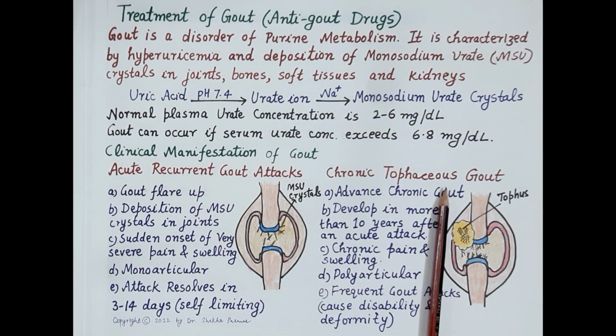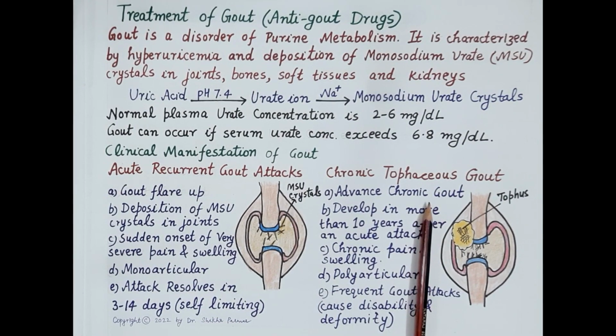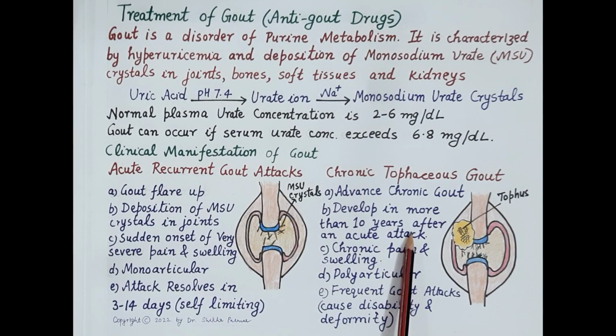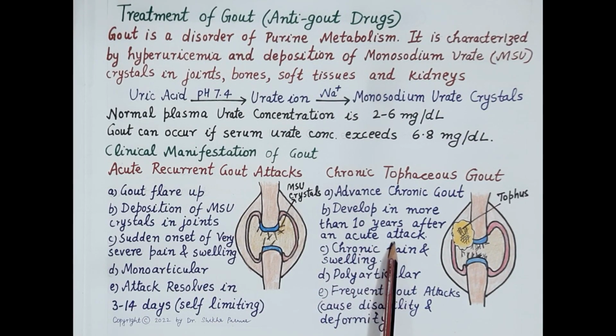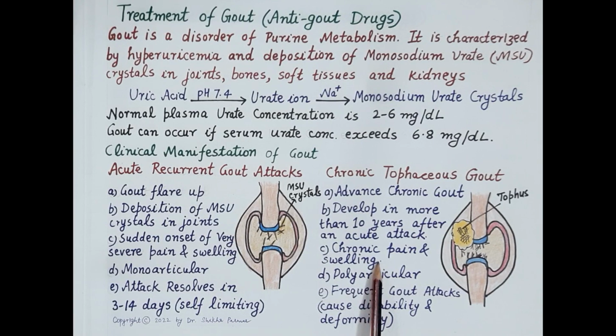Now let's understand chronic tophaceous gout. This is advanced chronic gout, and it takes more than 10 years for chronic gout to develop after an initial acute attack of gout. Now pain and swelling becomes chronic, that is, pain and swelling becomes long lasting.